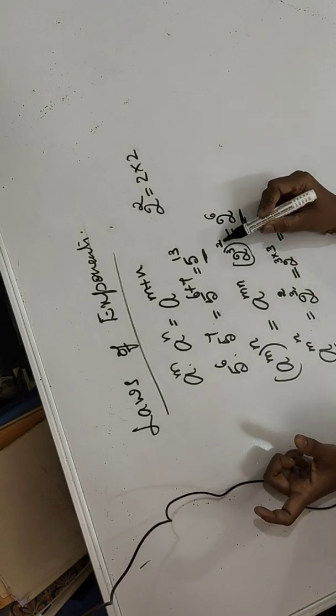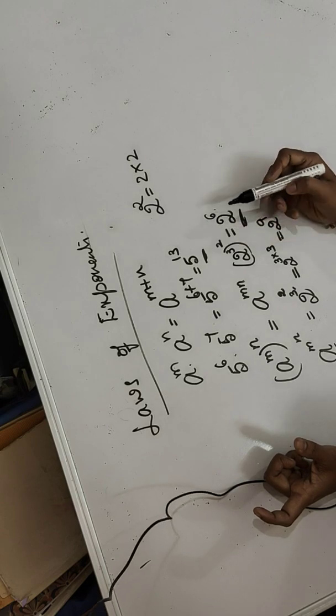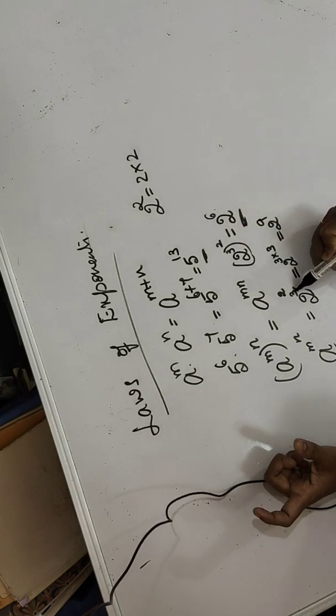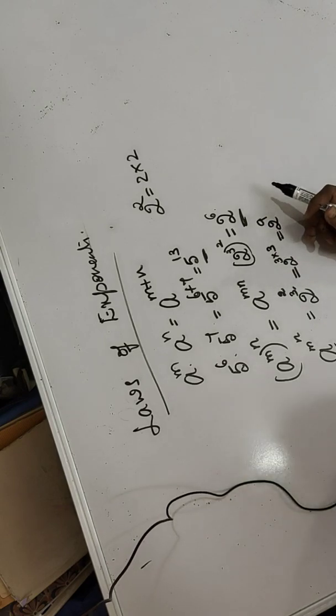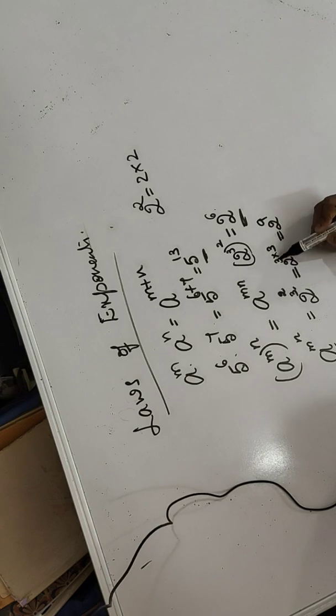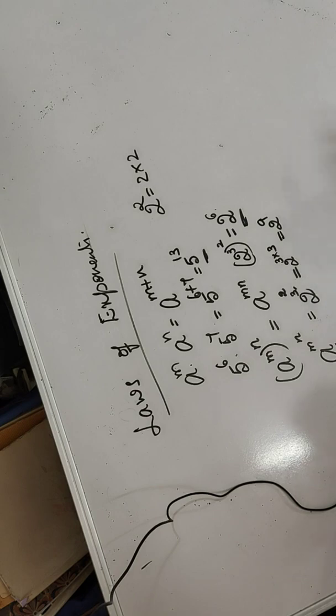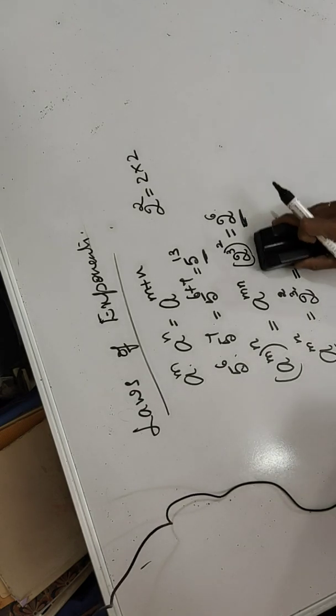Understood? With the bracket means you have to multiply directly. Without bracket means you have to split the number. 3 square means 3 into 3. That is 2 to the power 9. Understood? 2 is there, so twice we have to write this 3. I think you understood. You have studied this one in your 8th. Just I recall, this is not there in your reader, but you must know that one.